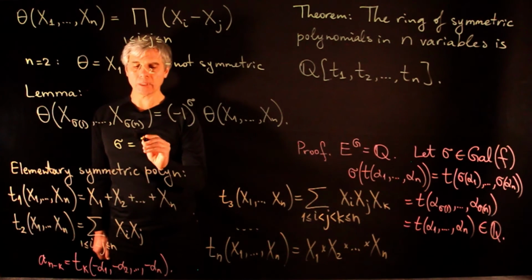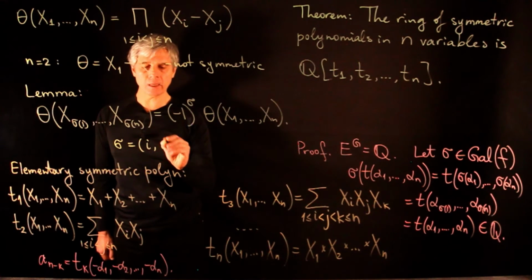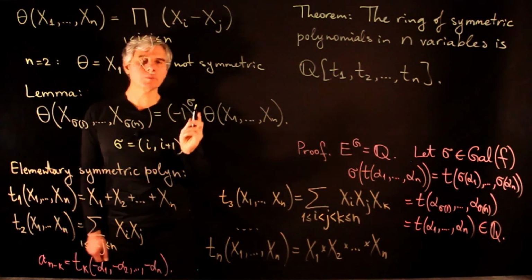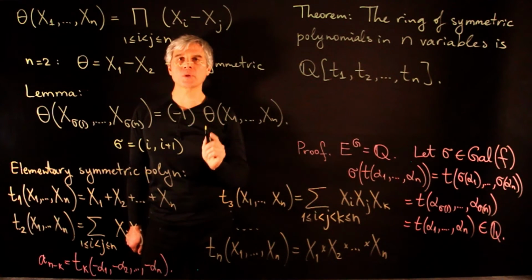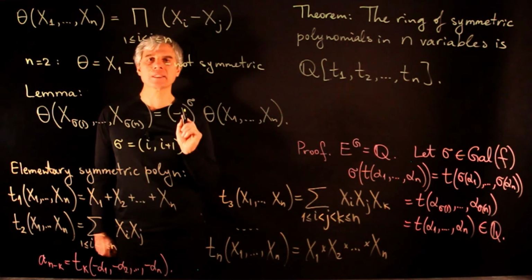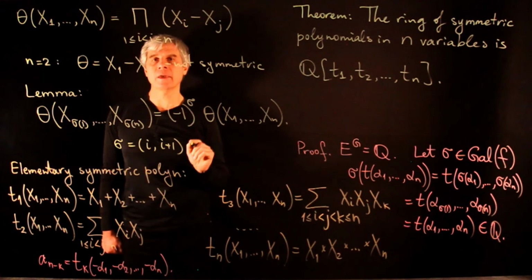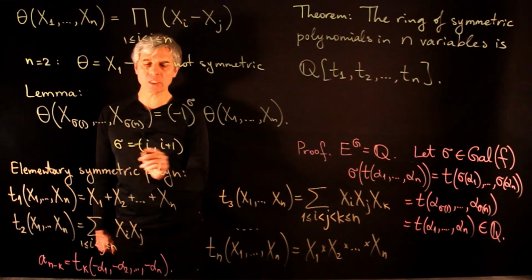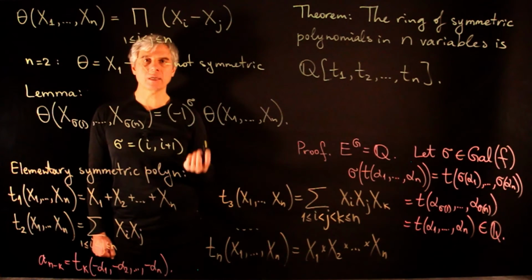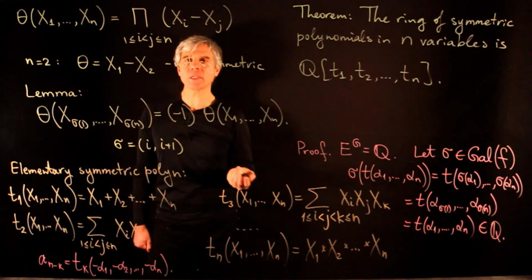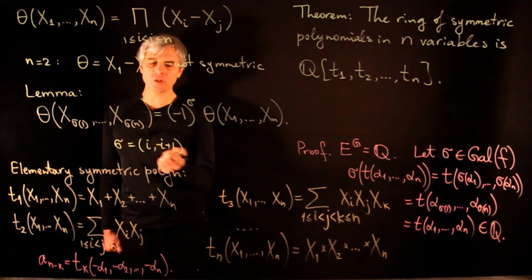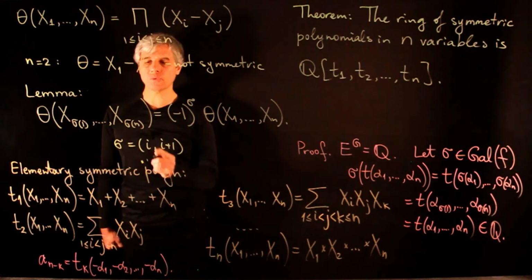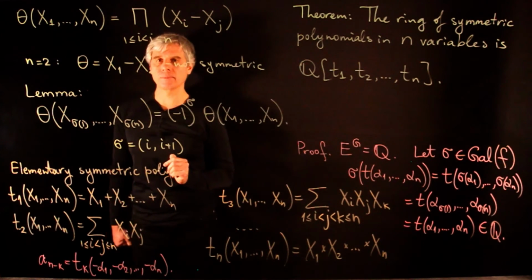If we transpose indices i and i plus 1, then clearly in this product there will be exactly one term that will switch sign. It will be the term x_i minus x_{i+1}. And then we see that this lemma holds for these adjacent transpositions. But it's a well-known fact that the whole symmetric group is generated by adjacent transpositions. So thus, this claim holds for any permutation sigma.